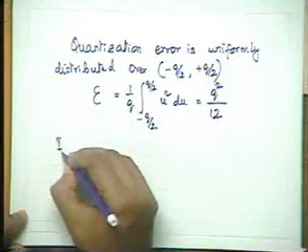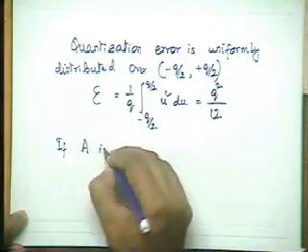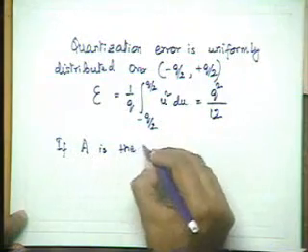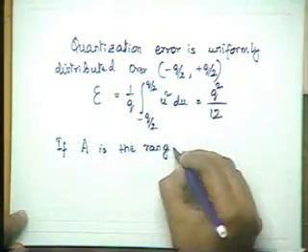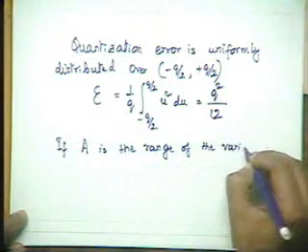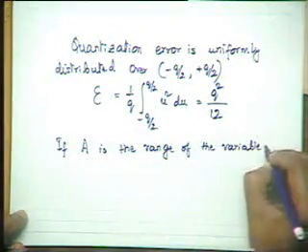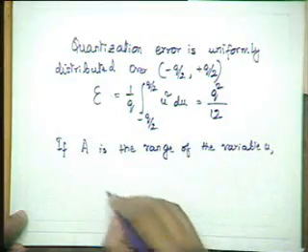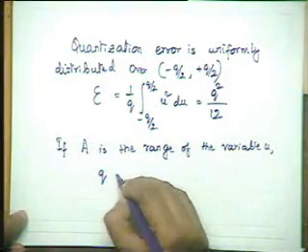I think this expression we already know: for time domain signals, when we do the quantization we get the same expression. Now if A is the range of the variable u, then what is going to be the quantization step?